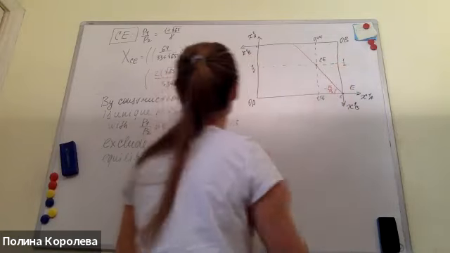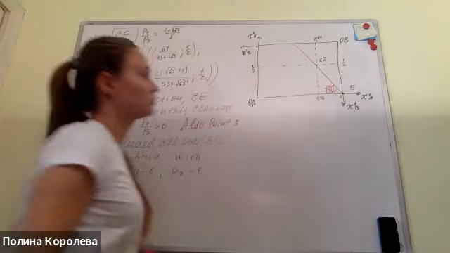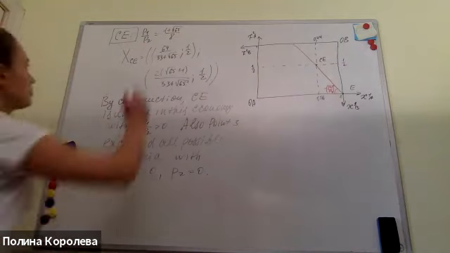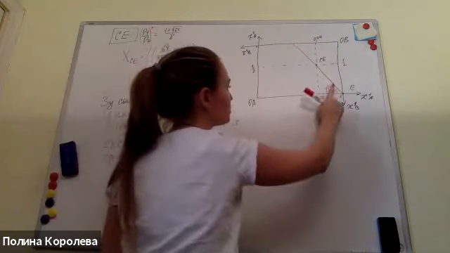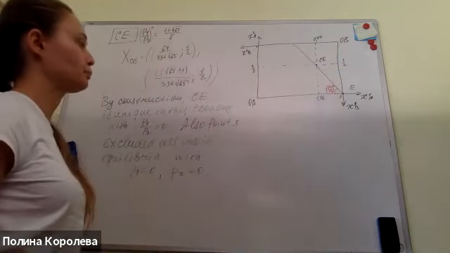We counted it. So now we draw the competitive equilibrium. Here star. Here I also put P1 divided by P2 star, yes, in equilibrium.